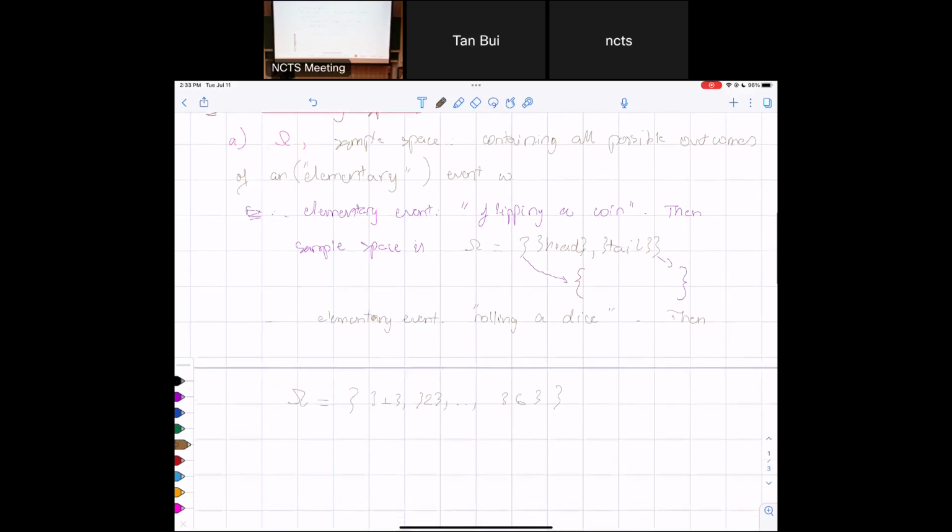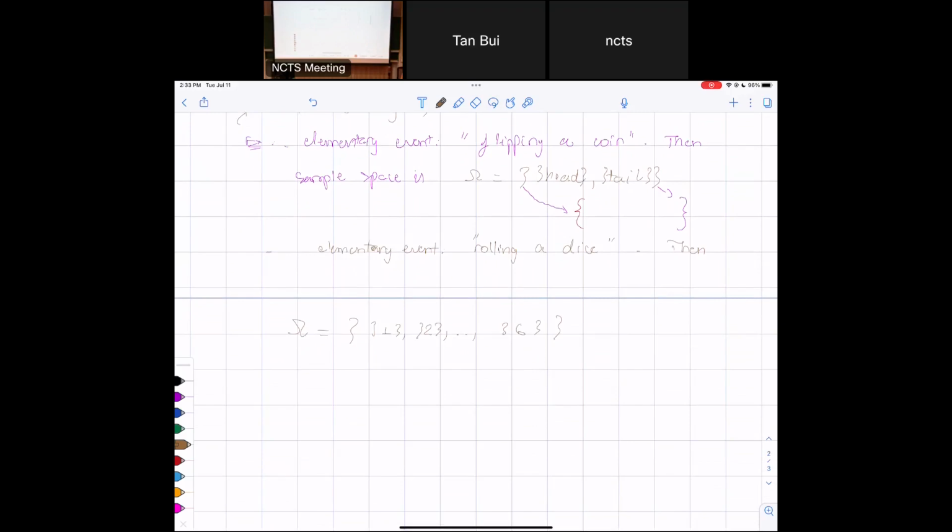Okay. The next object is the important one. The next object is the sigma algebra. But we're going to go very quickly. So F, this is called the sigma algebra. That's a mathematical way of calling it, but for us, we simply understand this as measurable.